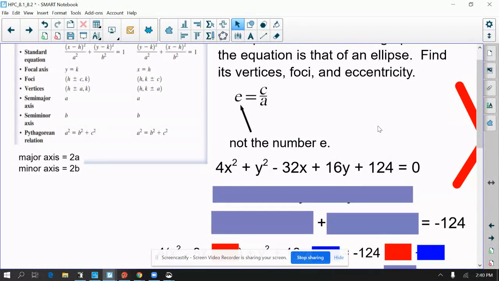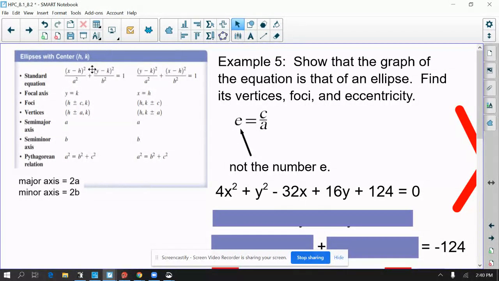All right, now how do I do this? There's a lot of stuff going on here. We're going to be completing the square. So if you're thinking that, that's fantastic news. We are going to complete the square, but we have to do it twice because look, in either one of my equations, I got two squares in both of them, x minus something squared and y minus something squared.